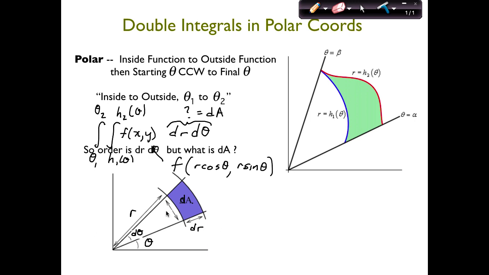So the question is, what is this? dA is just going to be this unknown times dr, so we're going to treat it as a rectangle. But this dimension is not d theta, because that dimension down here would be small, and the further you get away, it gets larger and larger. It's r times d theta.